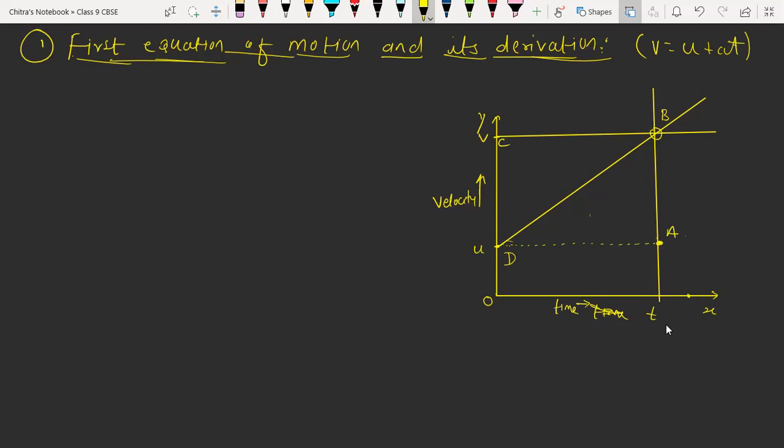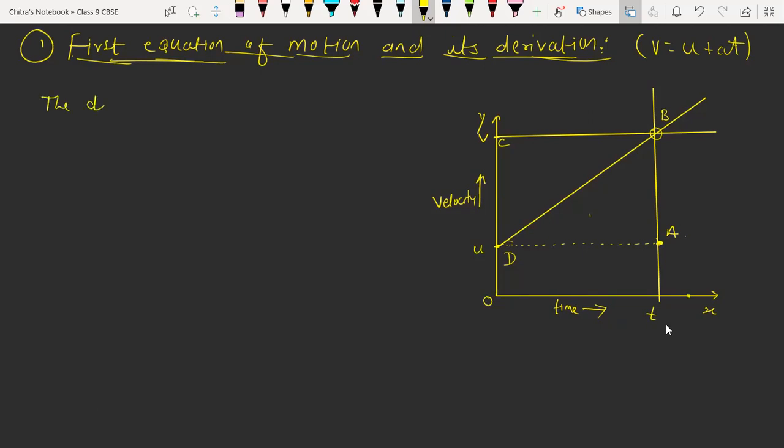Is screen visible you or visible to you? Yes, sir. Okay. So here we have time. Okay. So see, in figure, it shows that change in velocity with time. Okay. So I'm writing here. The figure shows that, or the diagram.